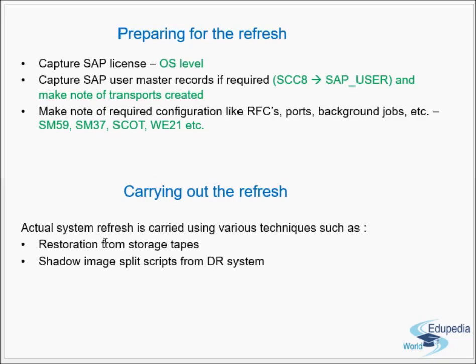Here, the copy is made at the OS level, on the file systems. Say if we take AIX or Unix, we have different file systems, so the file systems of the mirror and those of the disaster recovery system. The disaster recovery system is an exact replica of the production system, which is generally kept aside.